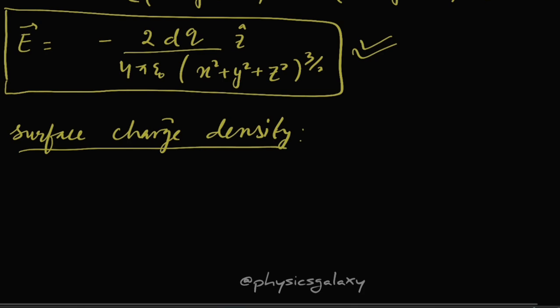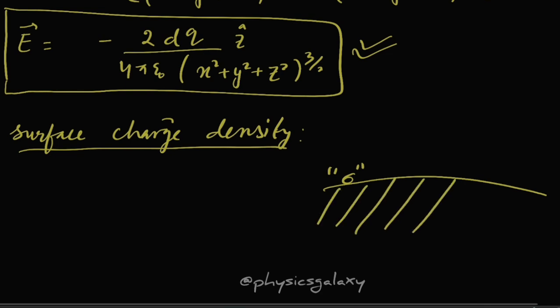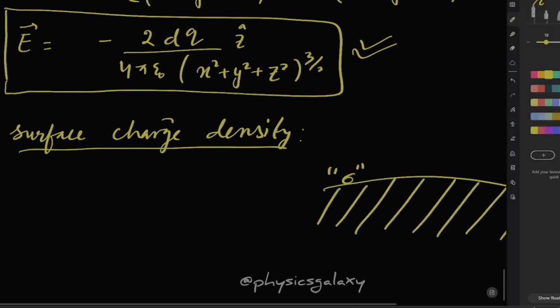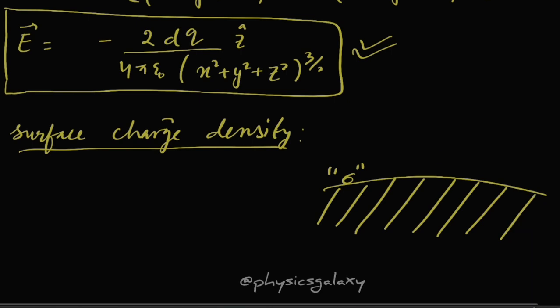If I have a metal, suppose this is my metallic surface. Remember, if I want to find the charge density on the surface, suppose there is some charge density sigma, and this is the metallic part. I will use simple Gauss's law, which I already discussed. Suppose this is my Gaussian surface. Inside, the electric field will be 0, right?